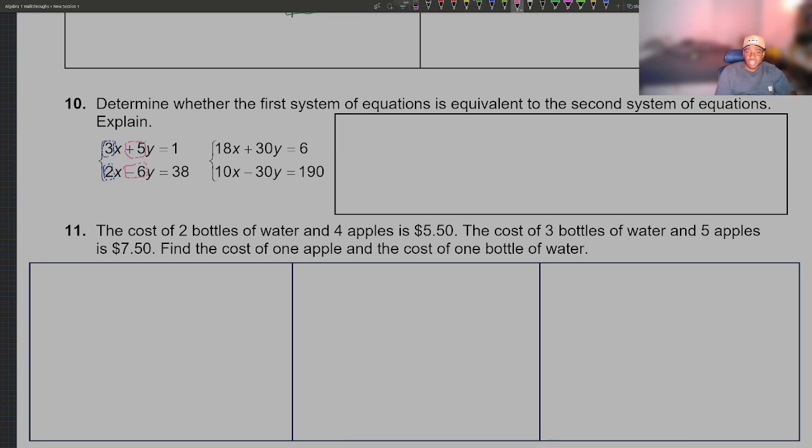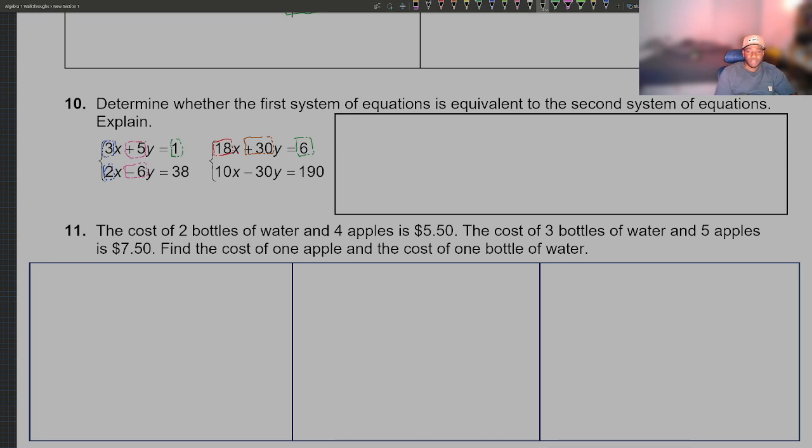In the second system, the coefficients are, I'll use different colors here, red and orange maybe, 18 and 30. Maybe something else we note is that our sum here in this equation is 1, and our sum here in this equation is 6. So there's something that we can tell right away by looking at the first equation in the first system and the first equation in the second system.